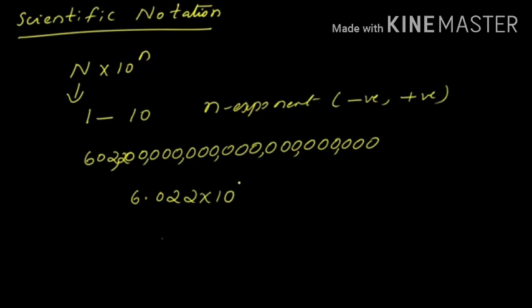After that, how many zeros are there? Since this number has no decimal point, the decimal point lies at the end of the number. We need to count the number of places such that the decimal point comes next to the 6. So you count it.